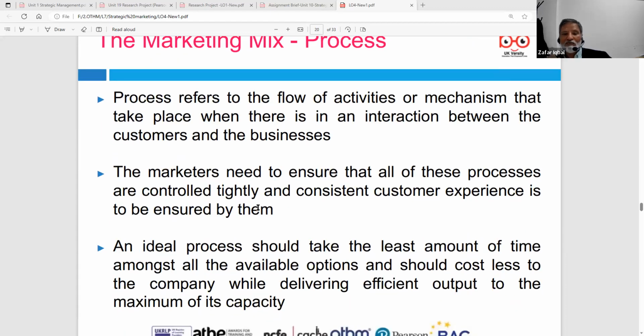Marketers need to make sure that all these processes are controlled, tight and consistent according to the customer experience, and that people are aware of these marketing processes.